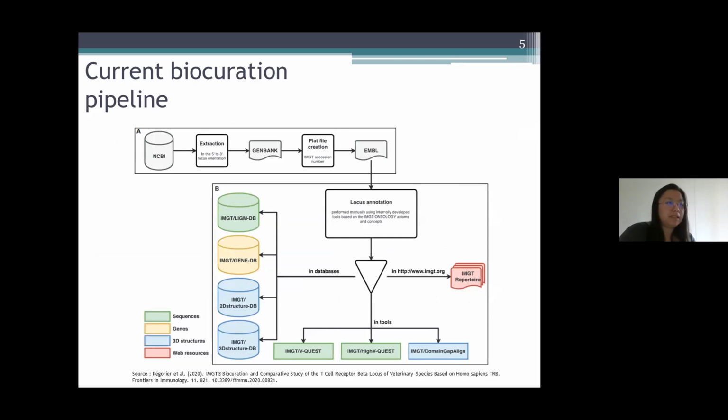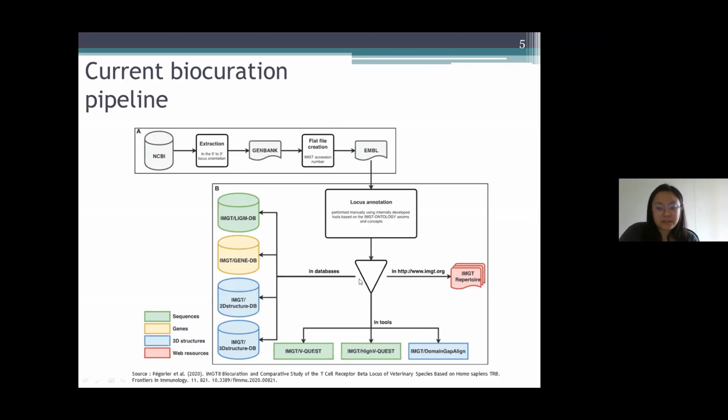The first step is the locus annotation, and for this we have a current pipeline. First is the extraction of the locus. We extract the sequence from public databases, and then we create a flat file with an IMGT accession number. Then we proceed to the locus annotation using internally developed tools based on IMGT ontology axioms and concepts.